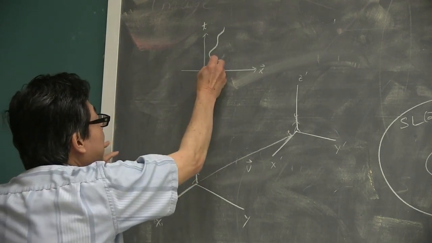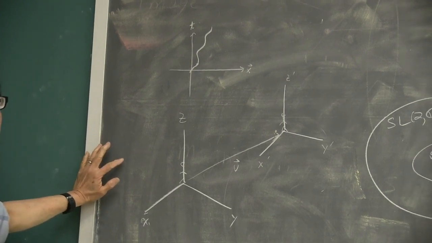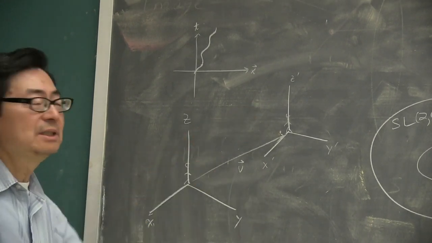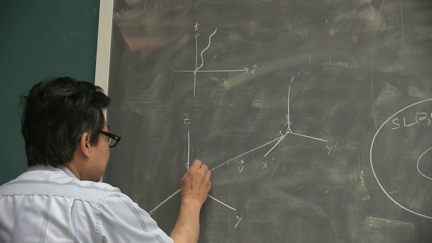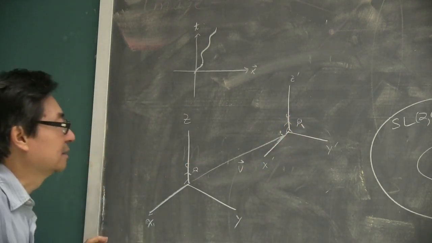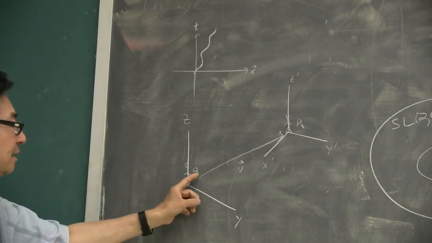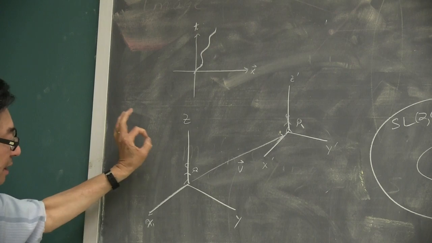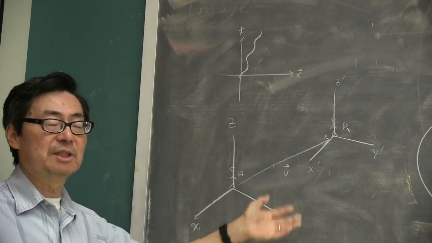Now each point in this world line has 4 coordinates, right? It has a time coordinate and 3 spatial coordinates. But those coordinates will be different with respect to these 2 different frames, okay? A guy carries a clock here, tick-tock, and this guy carries his clock there, tick-tock. This clock is at rest with respect to this guy, and this clock is at rest with respect to this guy. So this guy measures something happening at a particular point in space and at a particular time, represented by the coordinates x0, x1, x2, x3.